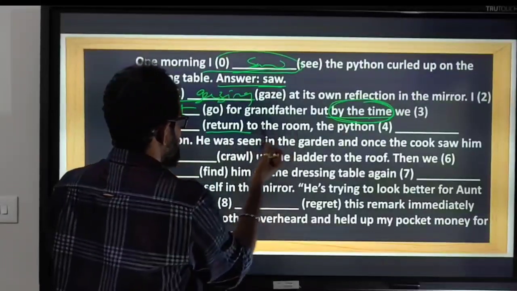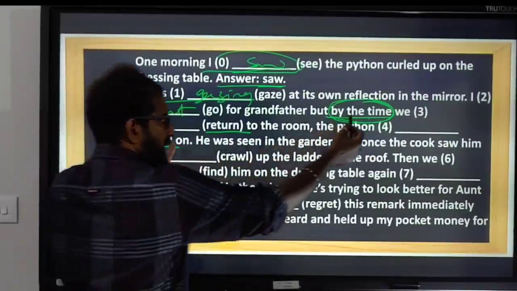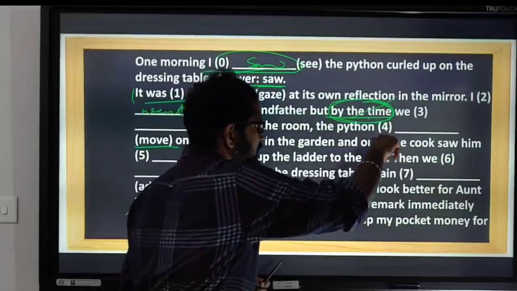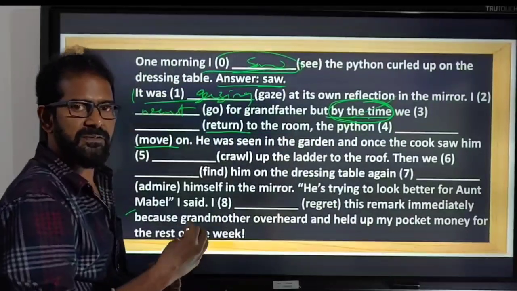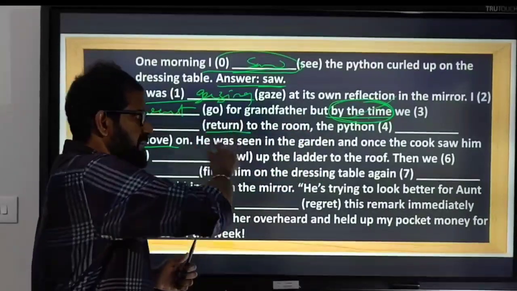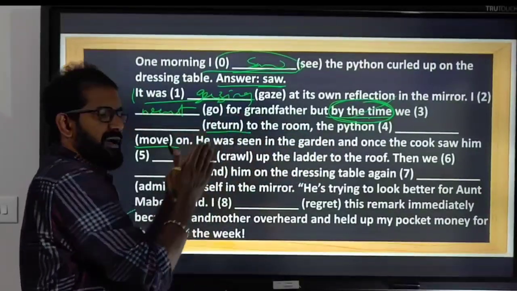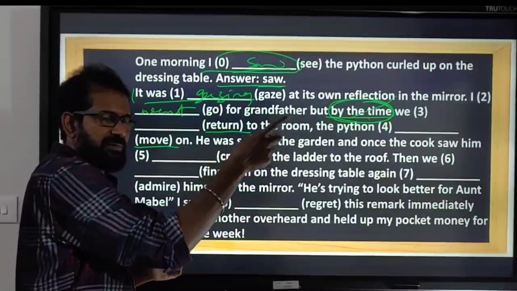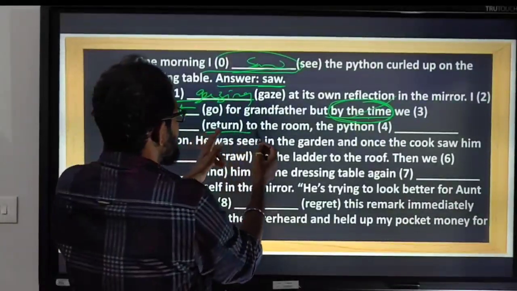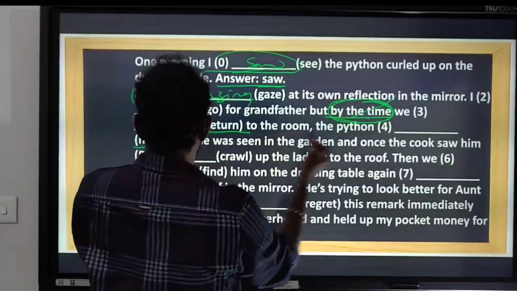So we have two actions here, return and move, joined by a linker. Now we need to decide whether the blank has to be filled with the past perfect or both with the simple past. Both supposed to be simple past means it has to have happened simultaneously. Past perfect means one must have happened earlier than the other. Let us look. Return to the room, python moved on.